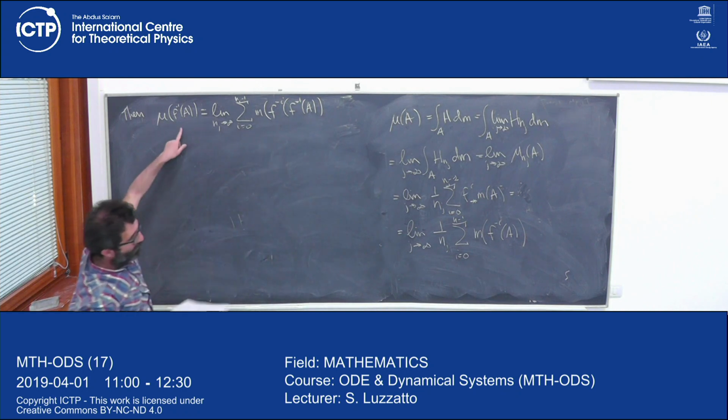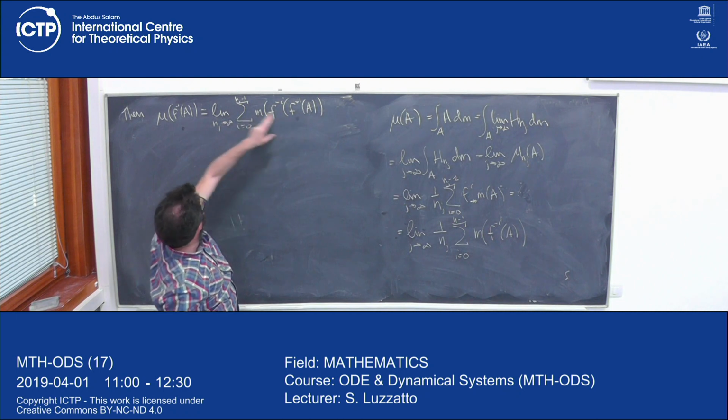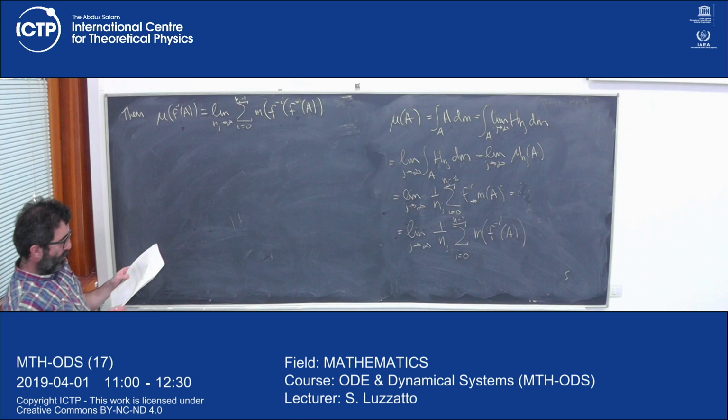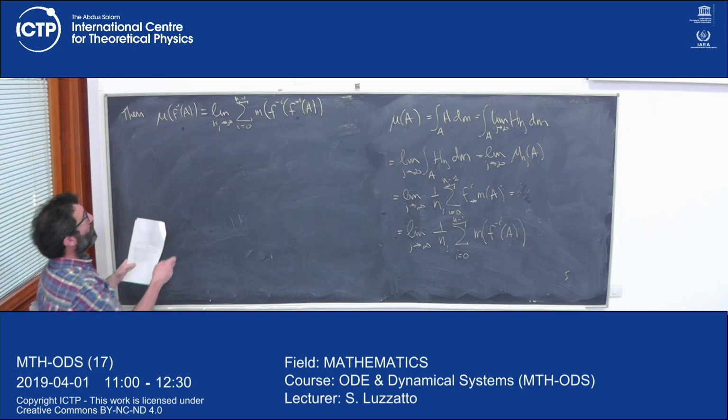Okay, so I'm using exactly this property here in this first line with f minus 1 of a instead of a. And then this is just the usual kind of manipulation, and you move things around.